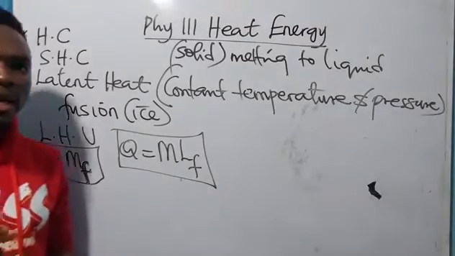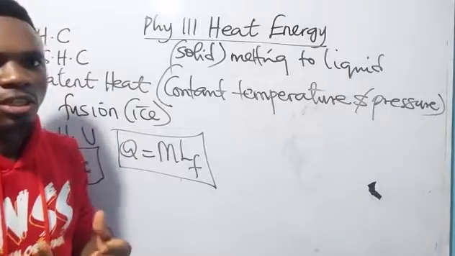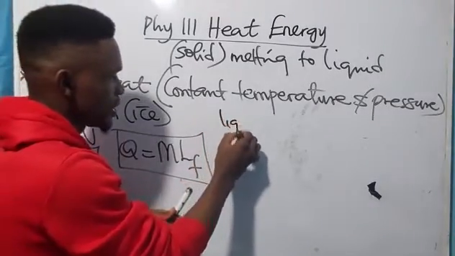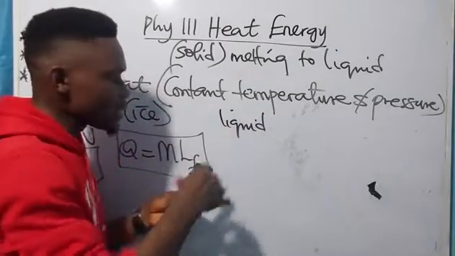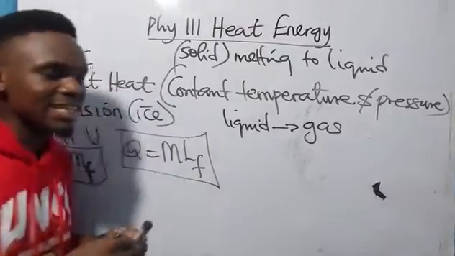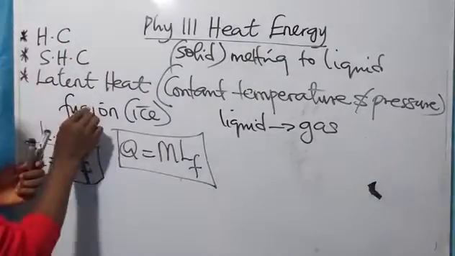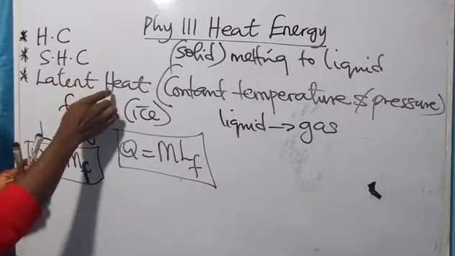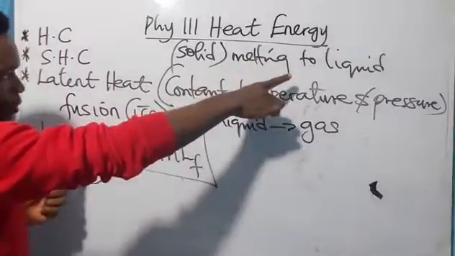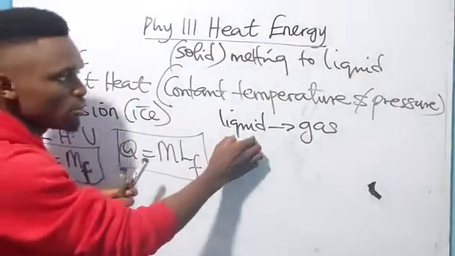But the heat required or supplied to change the mass of a substance, which is the liquid, at its boiling point to become a gas, is called specific latent heat of vaporization. Specific latent heat of fusion is solid becoming liquid, then specific latent heat of vaporization is liquid becoming gas.